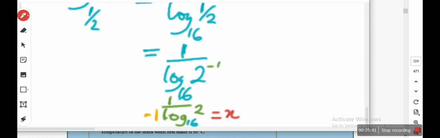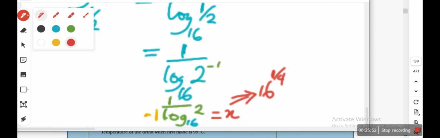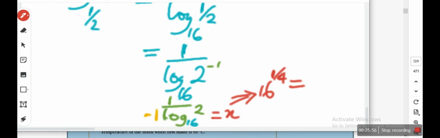That would be 1/4. 16 raised to the power 1 over 4 will give you 2.